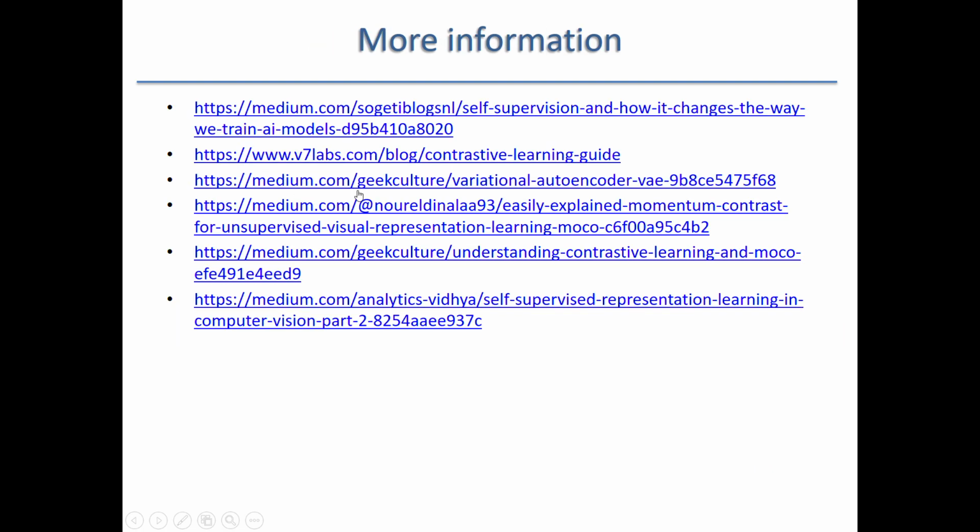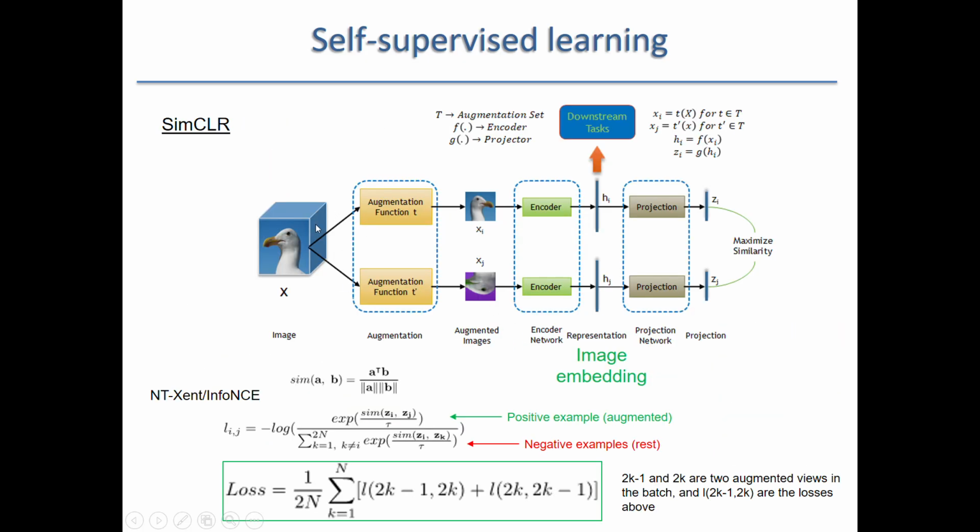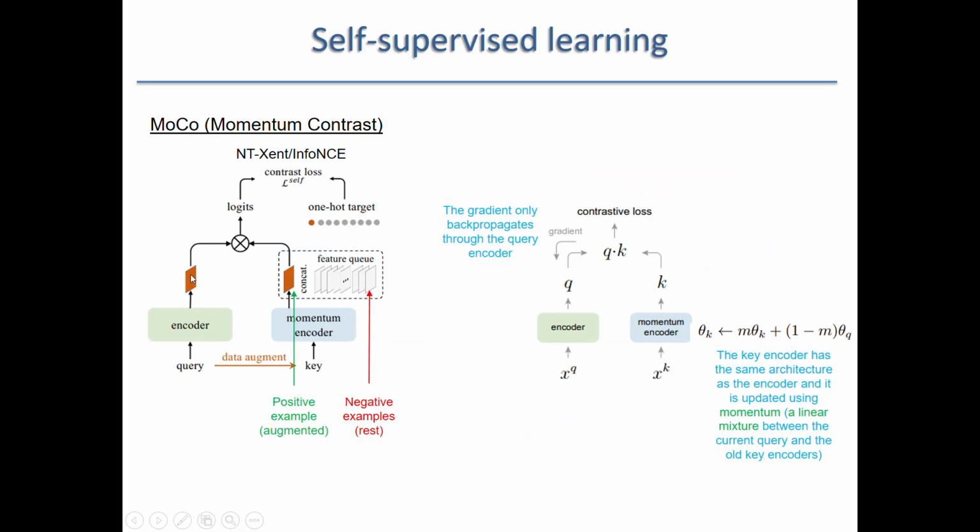That is somehow trying to make two vectors, the one coming from the query and the key vector coming from the data augmentation, similar, and all the others dissimilar.